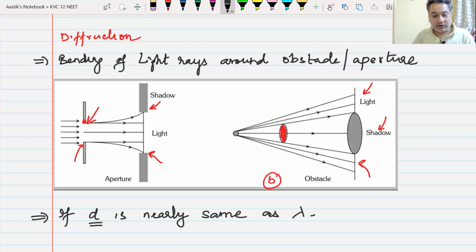Remember, this is a theoretical concept. Most of the questions are going to be theoretical in nature.